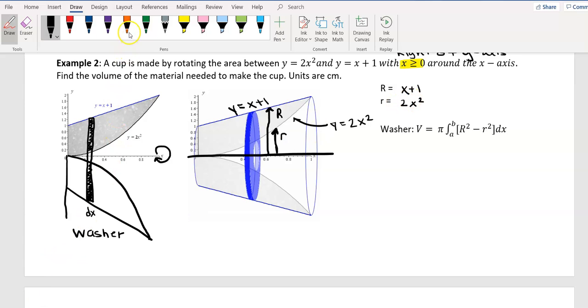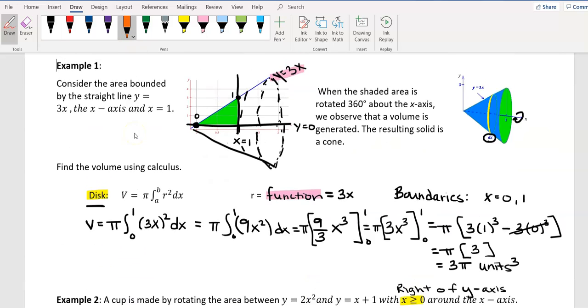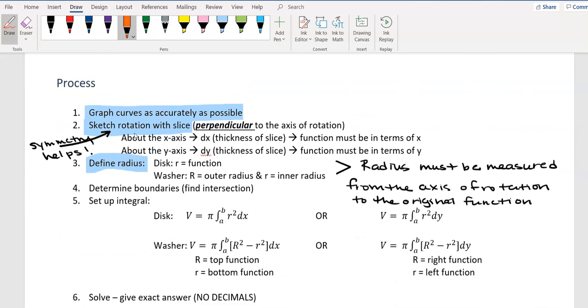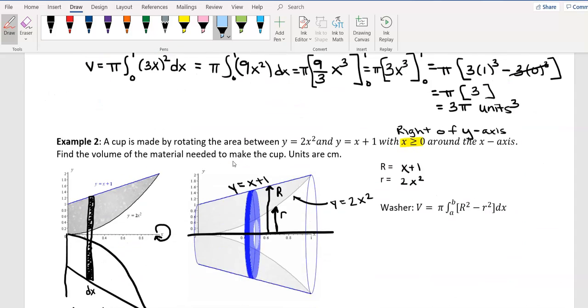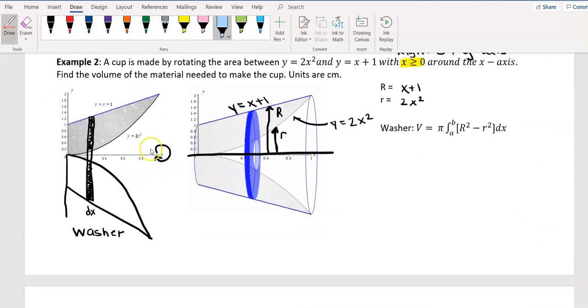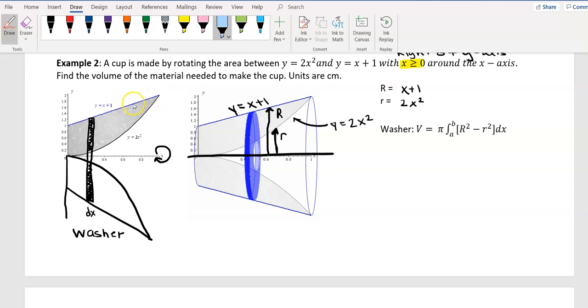The next step for us in this question is going to be step 4, which is determining your boundaries. So that is an important piece. Now in this one, we will need to find the intersection because in this graph here, you can see that our two curves do meet.